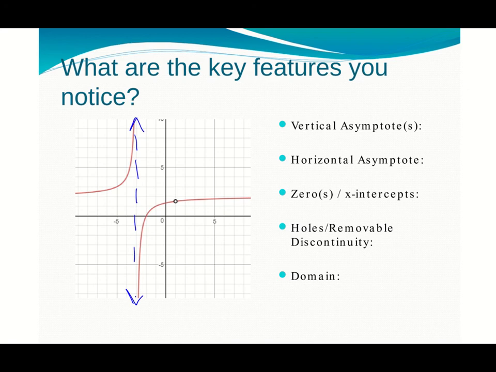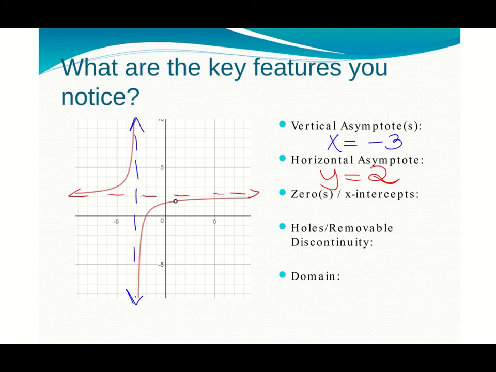In this case, it's going to be x equals -3. We also have a horizontal asymptote, and our horizontal asymptote is our horizontal line that our graphs are approaching but never crossing. So we can see that on the y-axis, this is going to be at y equals 2.